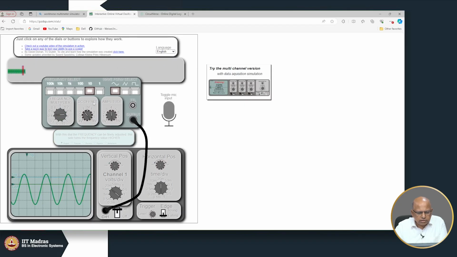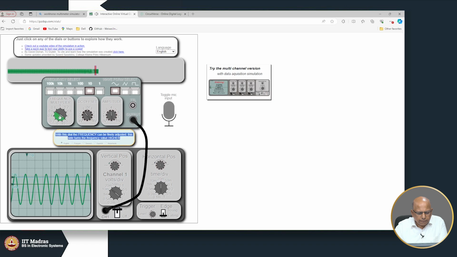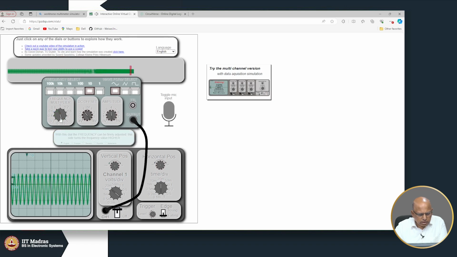In this I have selected a 10, that means the maximum value is 10 and I can go up to this. Let us see, I believe now it is about 100 hertz. So, when I am in this range 10, I can go from 10 to 100 hertz.